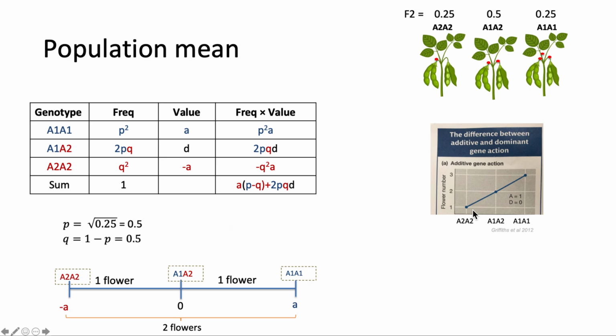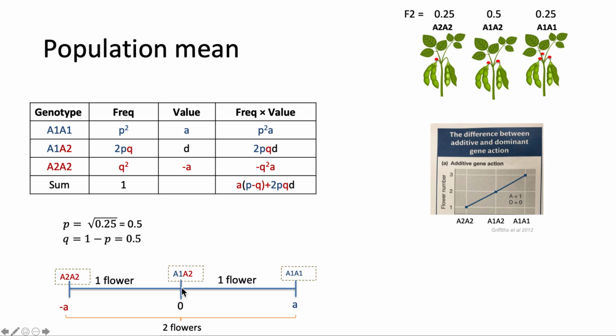Here you can see that the difference between homozygous A2 and homozygous A1 is two flowers, because A2 has one flower and homozygous A1 has three flowers.